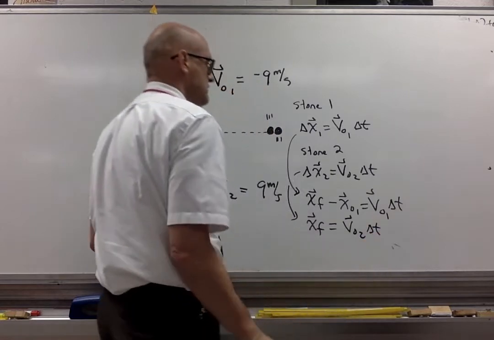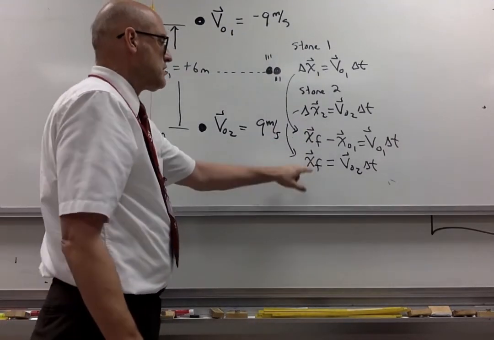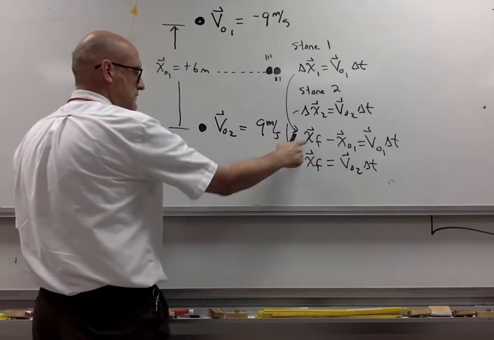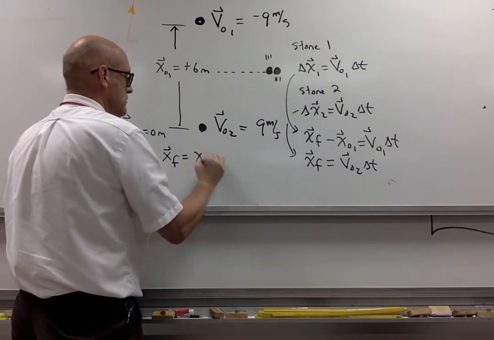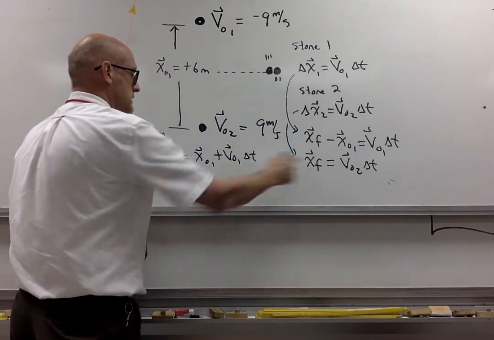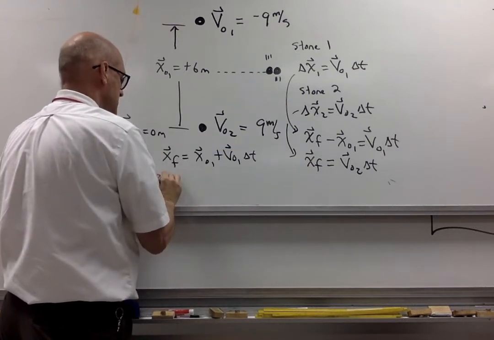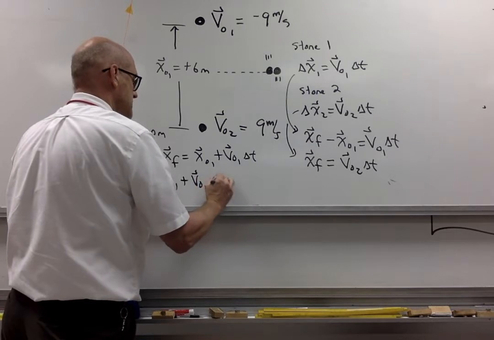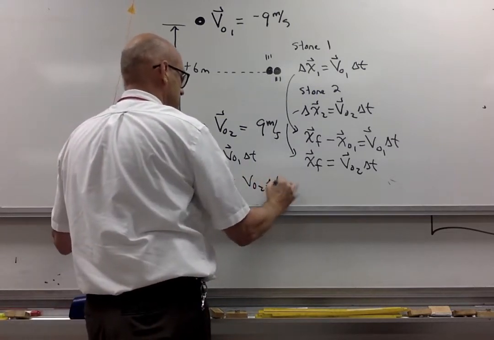No acceleration. Okay, so we're going to set these two equations equal. Well, first solve this for xf, stone 1's equation. So we have xf is equal to xo1 plus VO1 delta t. Set that equal to this equation for stone 2. So we have xo1 plus VO1 delta t equals VO2 delta t.